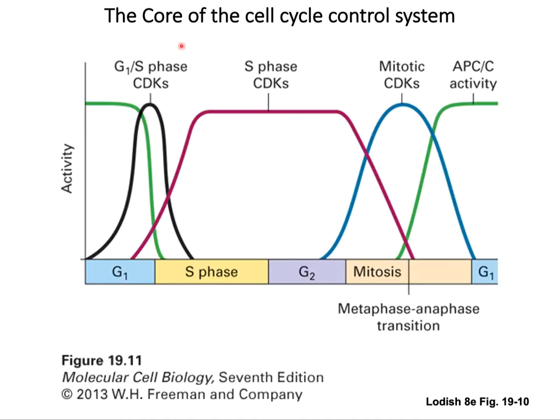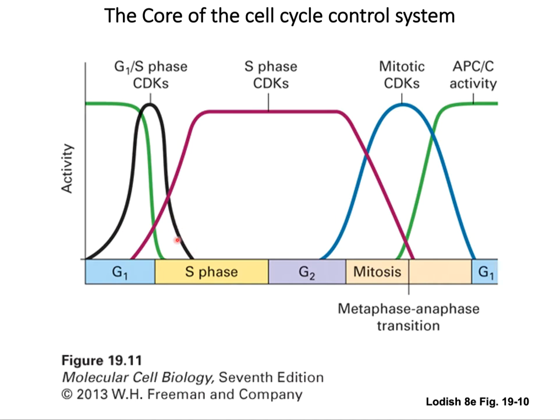And here is just another way to look at the activity of the CDK cyclin. The CDKs are active only in stages of the cell cycle they trigger or activate. So you have the G1 CDK cyclin, the S phase CDK cyclin. Here you can see that activity rises during the G1 phase and then drops off during the S phase.